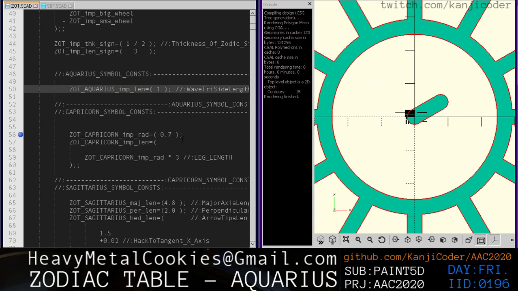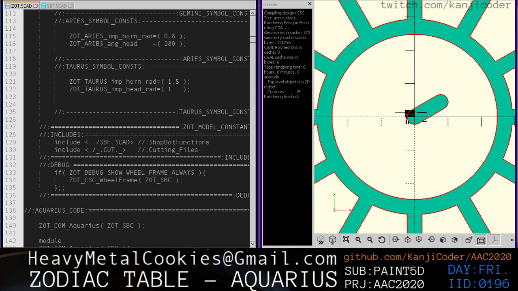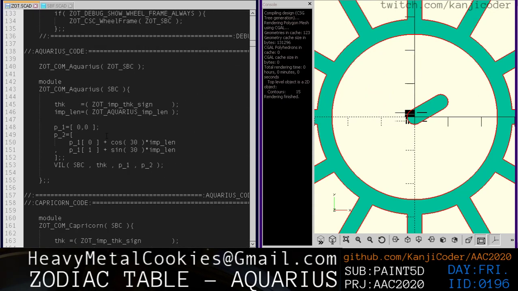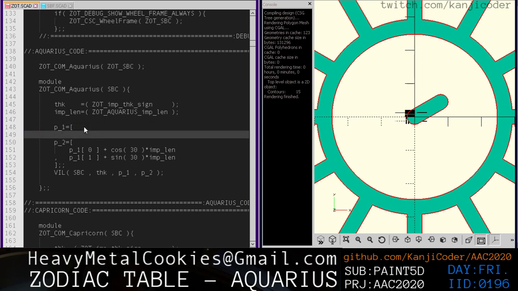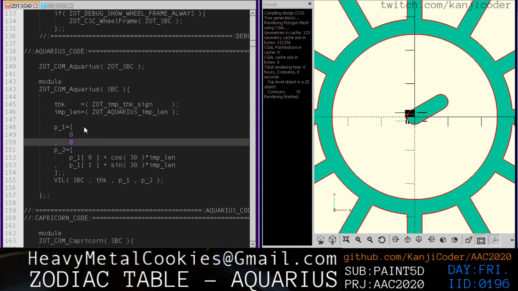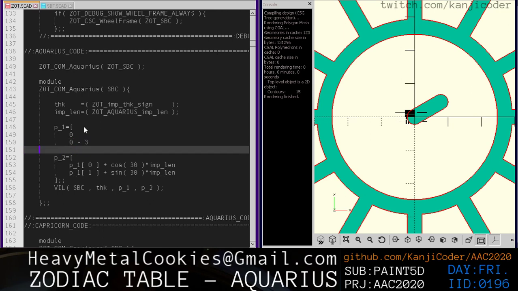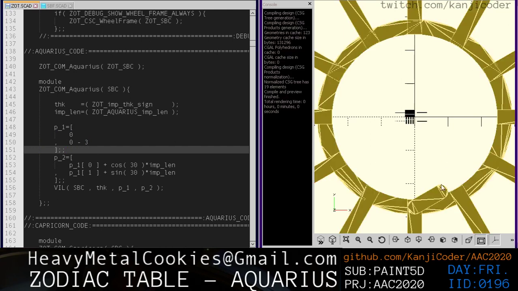Okay, so now the next part is to put this together in a very procedural way where we can easily move things around. So for this, we go 0 and then 0 minus some number of inches, like 3, we can just guess for now, and F4, and we just move it.